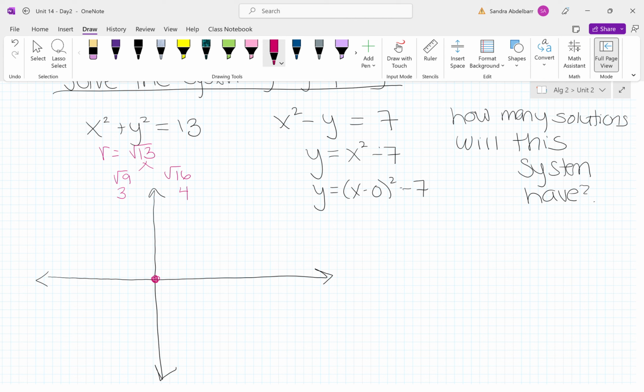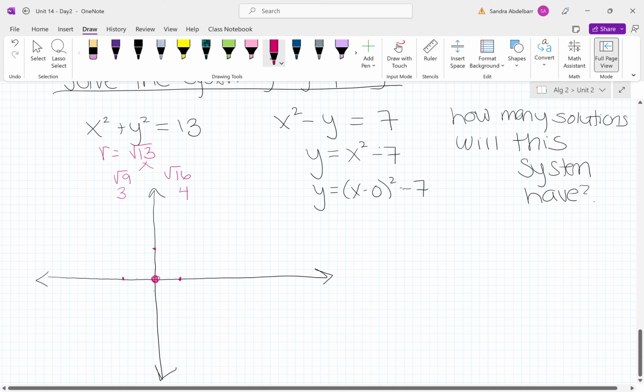So now we are going to sketch our radius. Let's see, 1, 2, 3. I'm doing like 3.5. All right, so here's my circle.